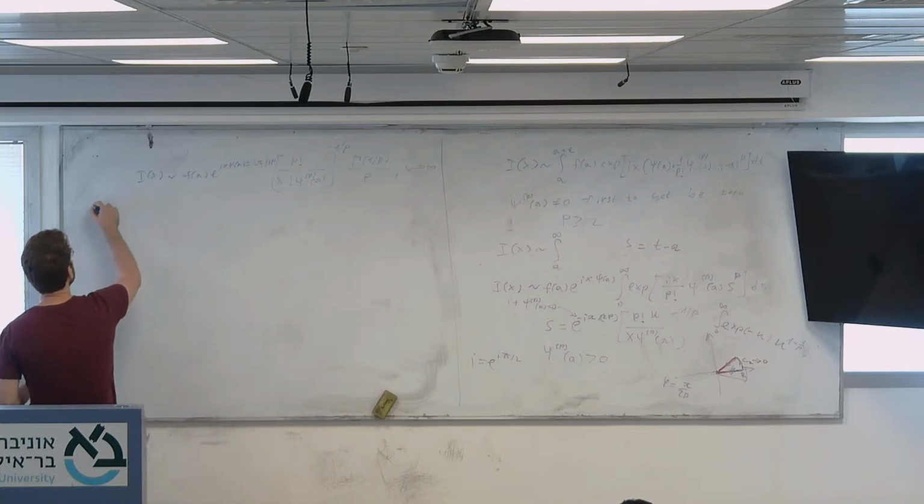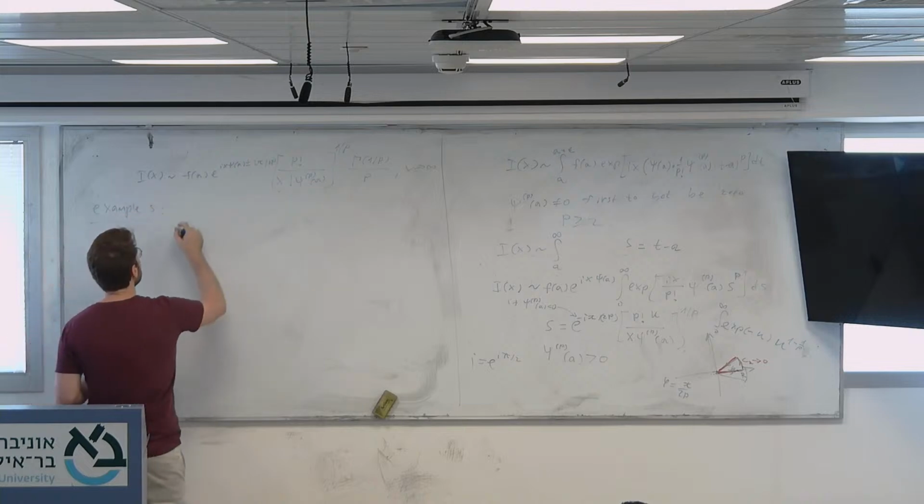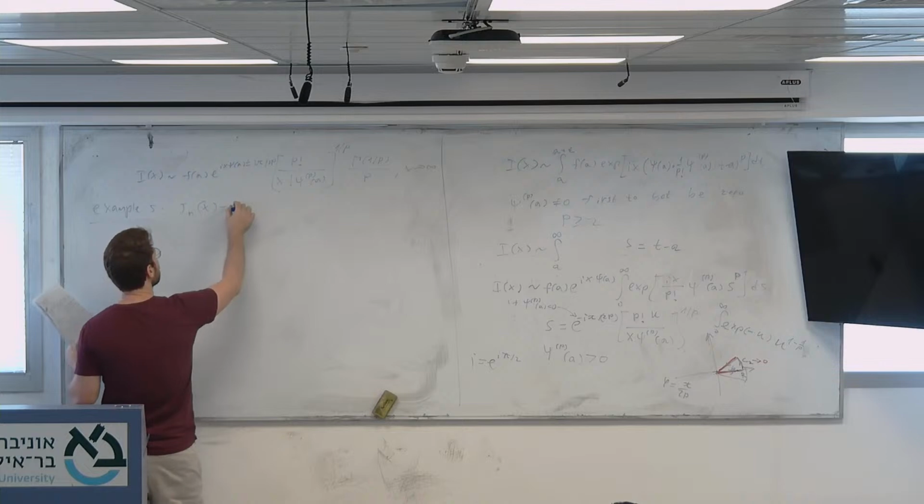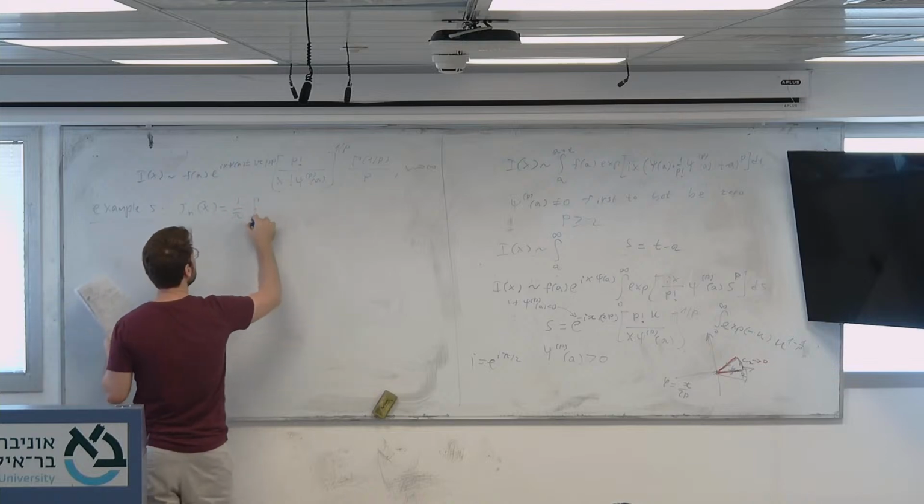Okay, example. So this is example 5 from the book. This is a Bessel function for integer values of n. You can show that it's the solution of the following integral.